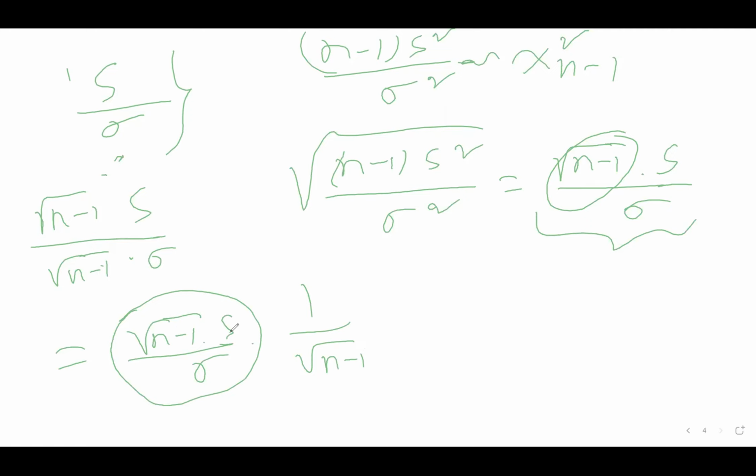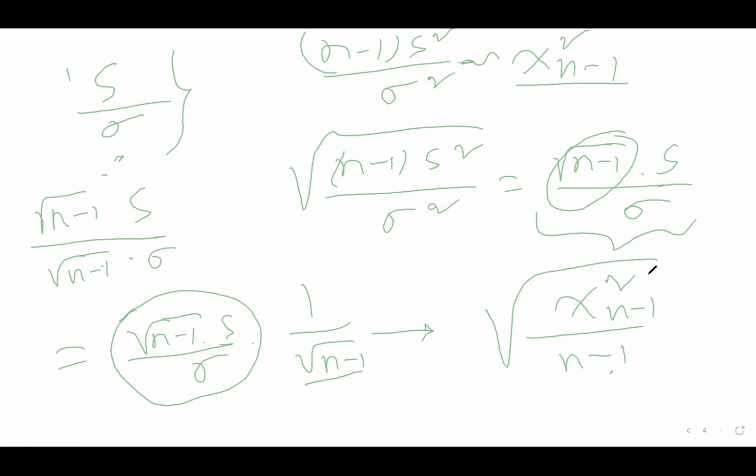This part is the square root of a chi-square distribution. So this one can be written as square root of chi-square n minus 1, and in the denominator we have n minus 1. So what we are doing here is dividing the chi-square distribution by its degrees of freedom and taking the square root of this, right? Is it clear?